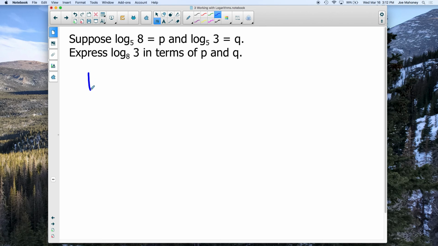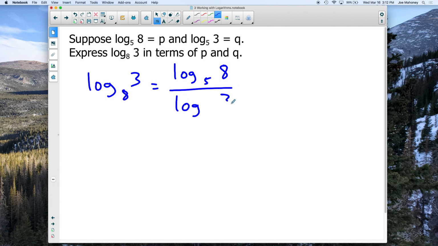All right, so what I know is that the log of 3 in base 8 is going to be the log of 3 in base 5 over the log of 8 in base 5. That changes my base from base 5 to base 8. And now I just got to substitute in my values. I get a p on top, I get a q on the bottom, and that makes me happy.